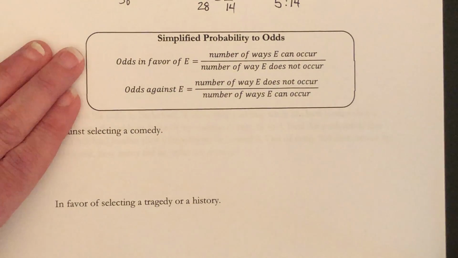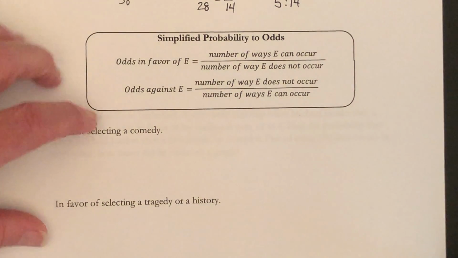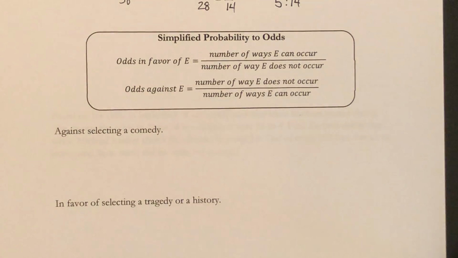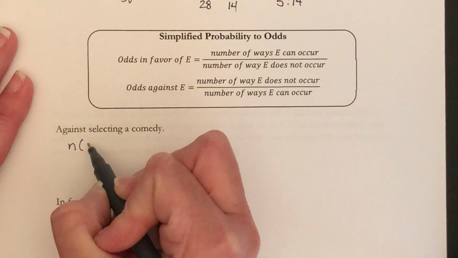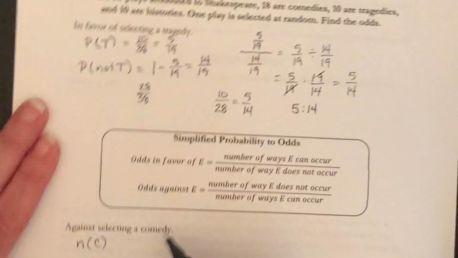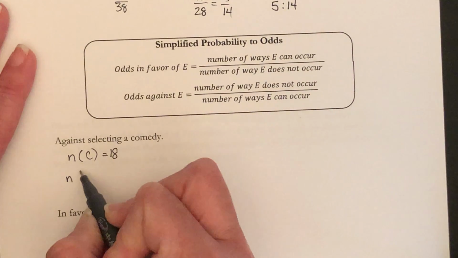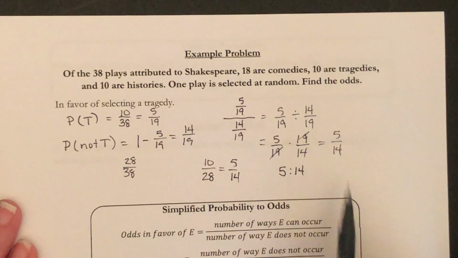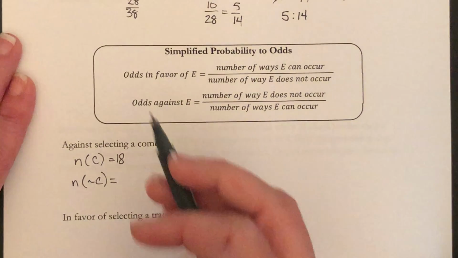So now we're going to use these and find the odds against selecting a comedy. We need to know how many different ways we can select a comedy, and how many different ways you are not going to select a comedy. The number of ways you can select a comedy is 18. The number of ways you're not choosing a comedy would be the tragedies plus the histories, which is 20.